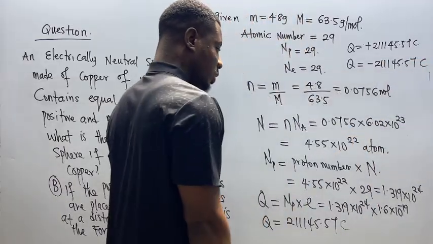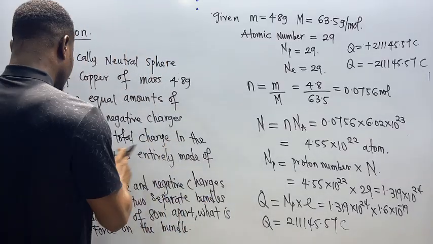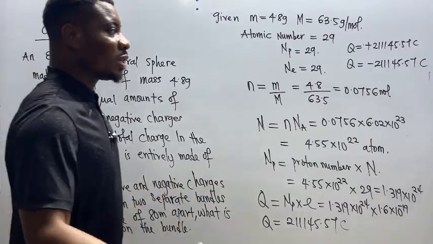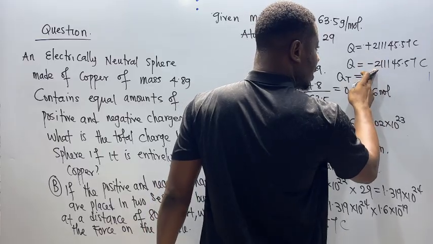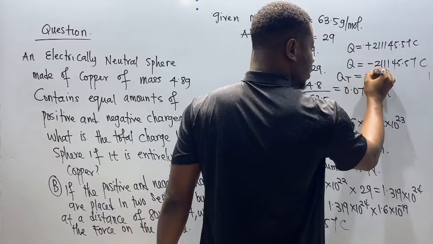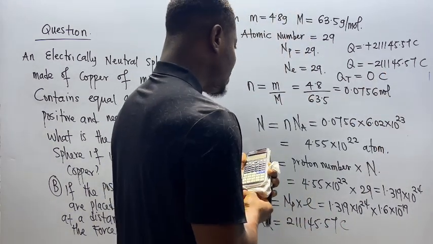So what becomes the total charge in the sphere? The total charge becomes negative this plus this. That gives us 0.